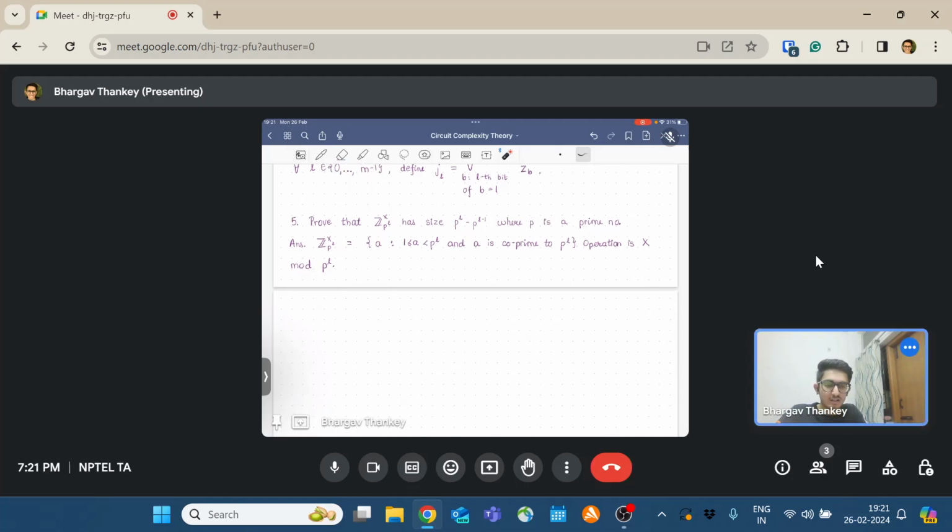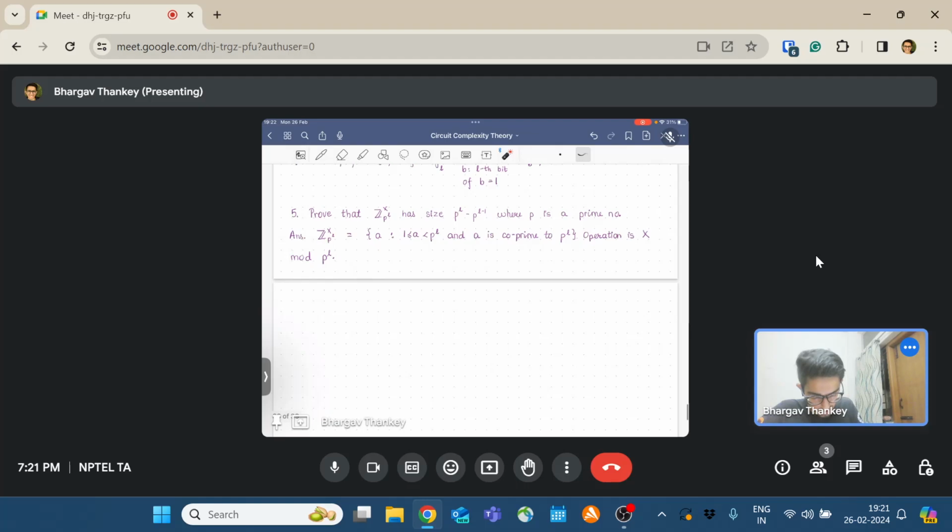In general, you know the definition of the group. So let me prove that this is a group, because we are using this anyway for the proof of the theorem that division is in NC1.